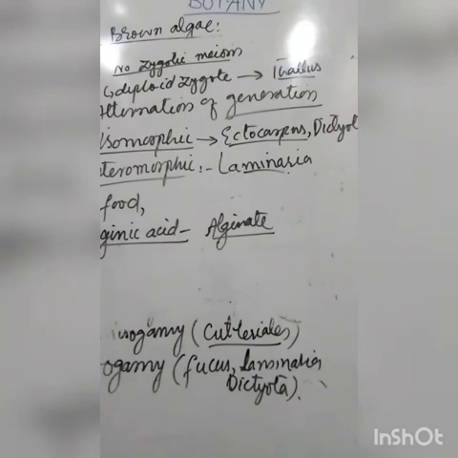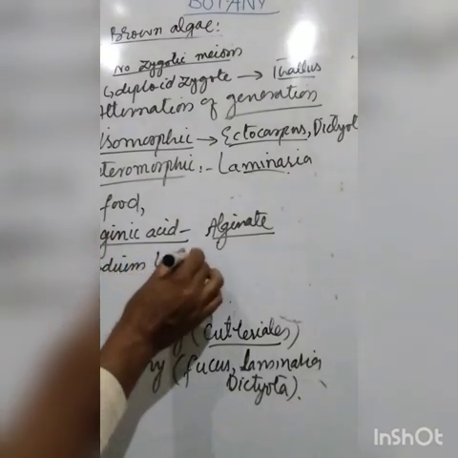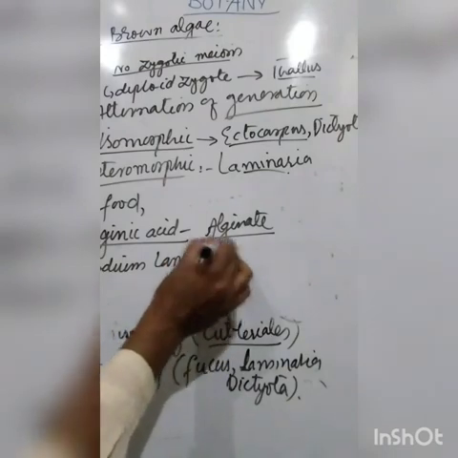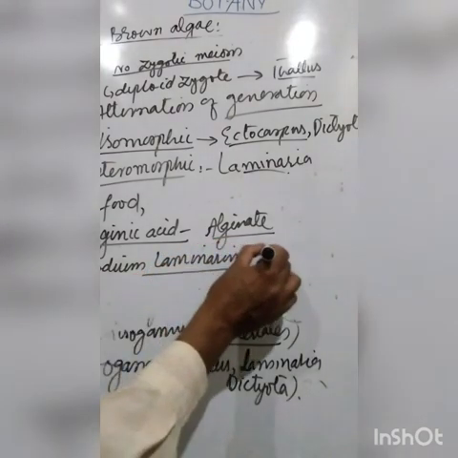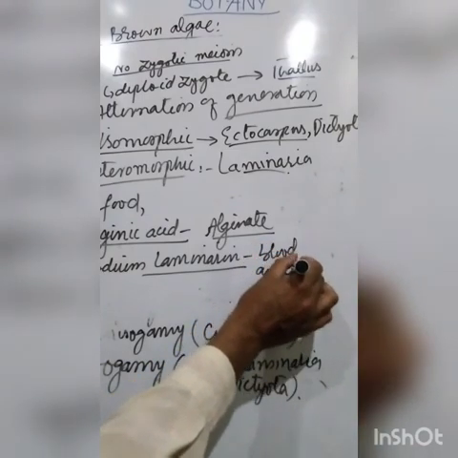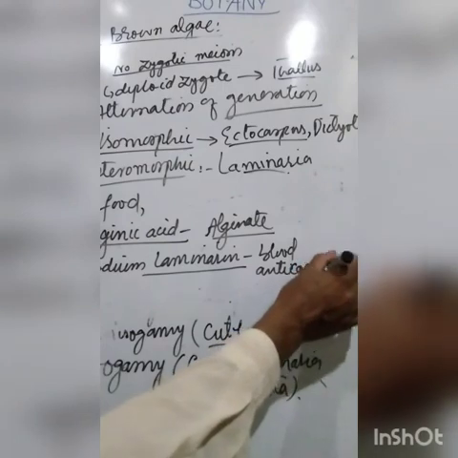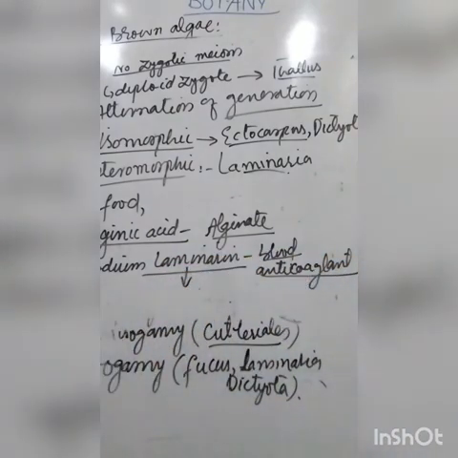And laminarin, sodium laminarin, is derived from Laminaria. It is used as a blood anticoagulant. It is derived from Laminaria as well as Ascophyllum.